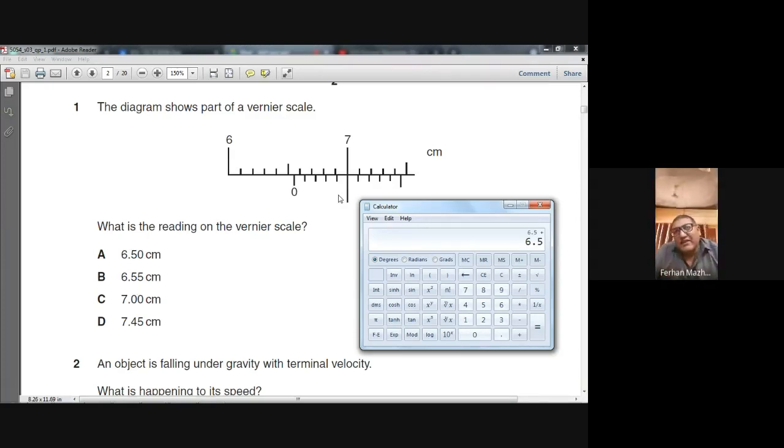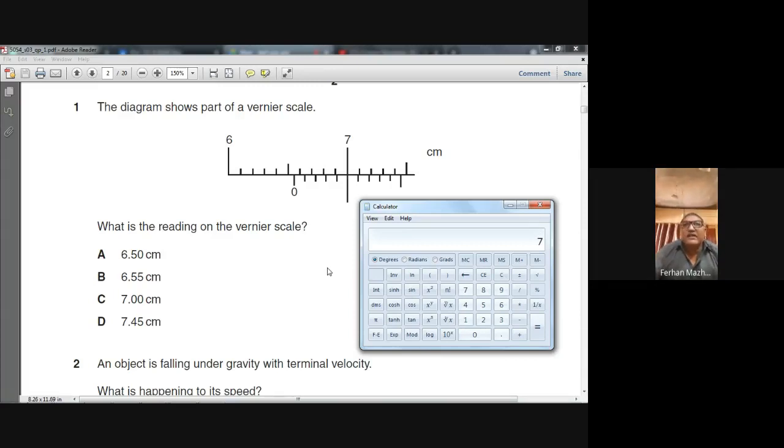So you can see that here the fifth line is coinciding. The fifth line of the vernier scale is coinciding with the line on the main scale. So I will add to it 0.5.